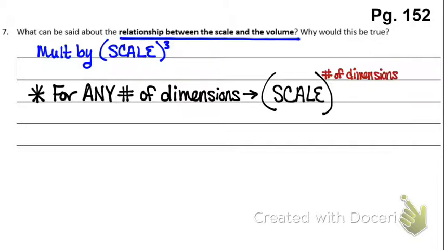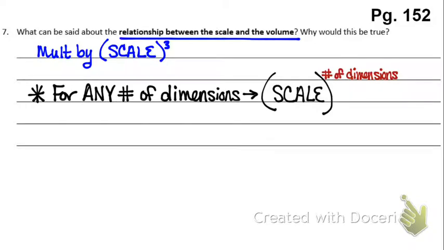If we had 4 dimensions, 5 dimensions, 7 dimensions, however many dimensions I'm talking about, that's what my exponent's going to be. Because that's how many times we would be multiplying by our scale. Does that make sense?